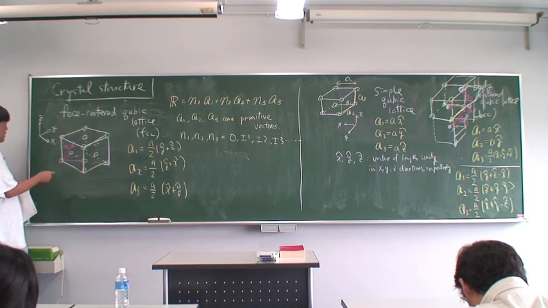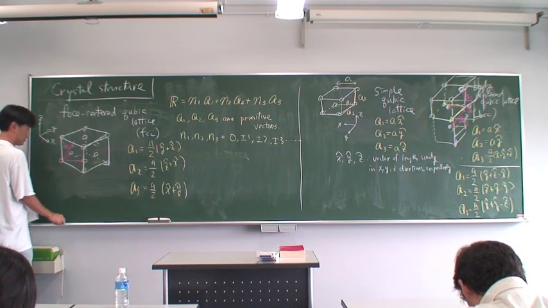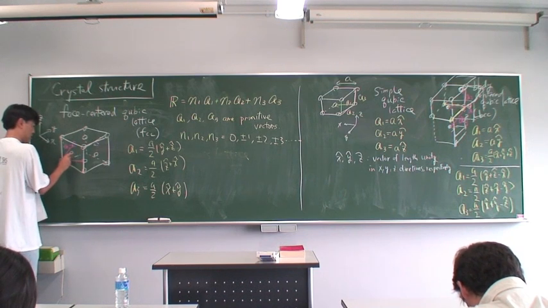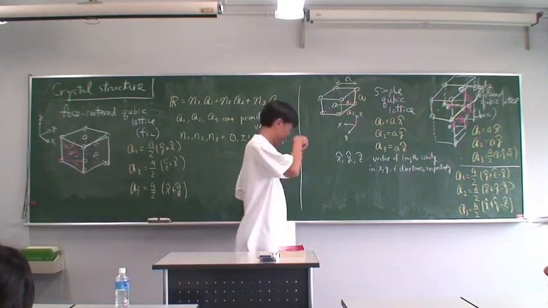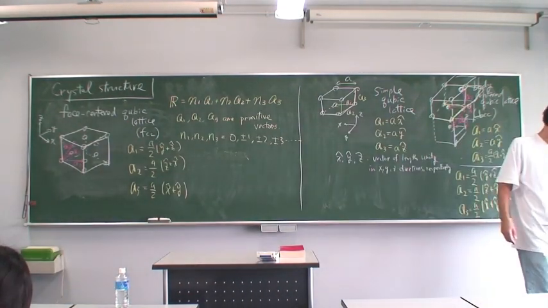Then Z plus X, so this is A2, and this is A3.